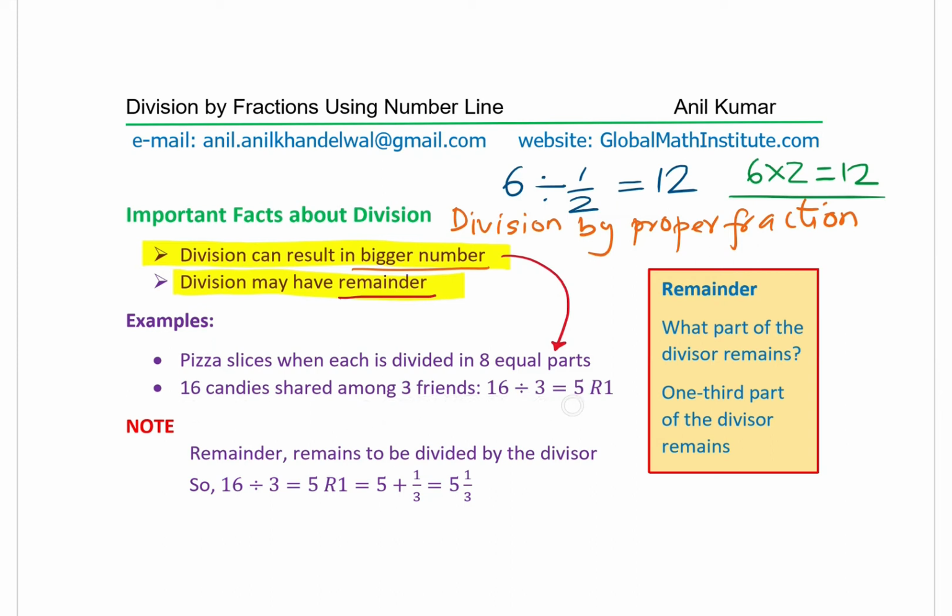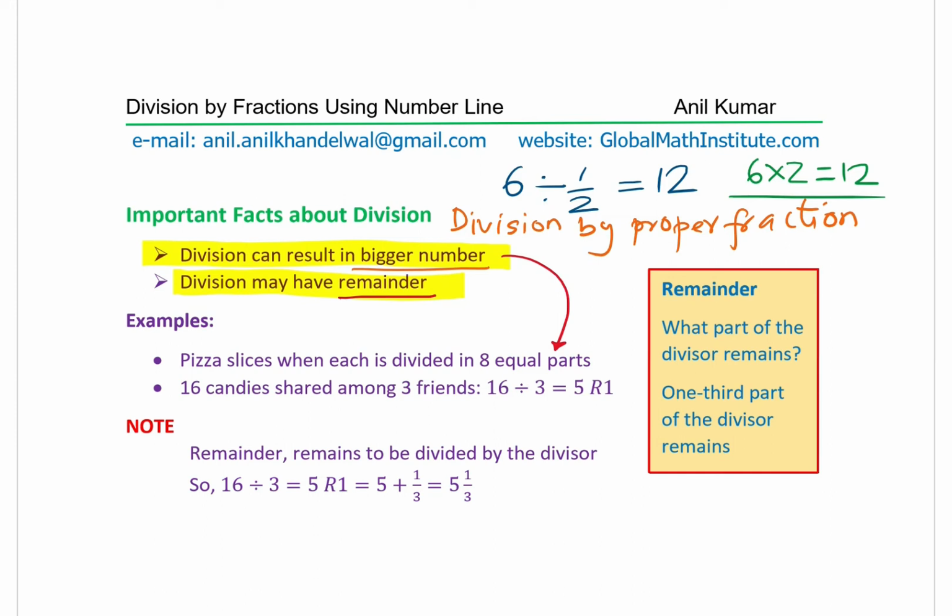As we saw, when we divided 16 by 3, we got 5 in the quotient and the remainder was 1. Correct? Now, based on this, we had linked all these three things with a statement which says 16 divided by 3 is 5 remainder 1, which can be written as 5 plus 1 over 3 or 5 1 over 3. So you see how the remainder has been combined in the answer.